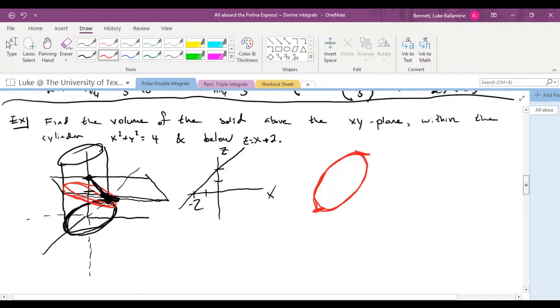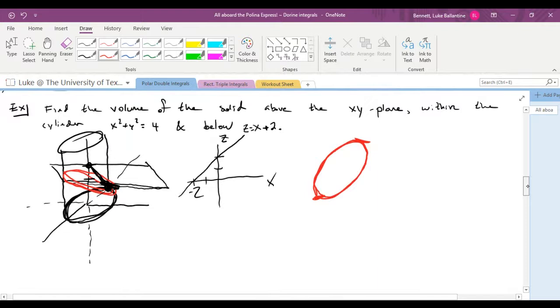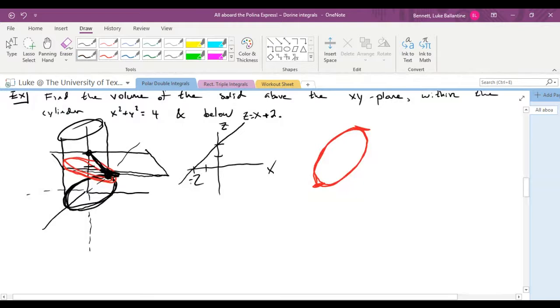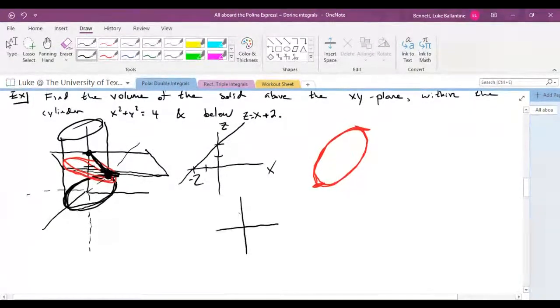So we want the solid above the xy plane, within the cylinder x squared plus y squared equals 4, below x plus 2. Well, in the xy plane, remember we have this region.